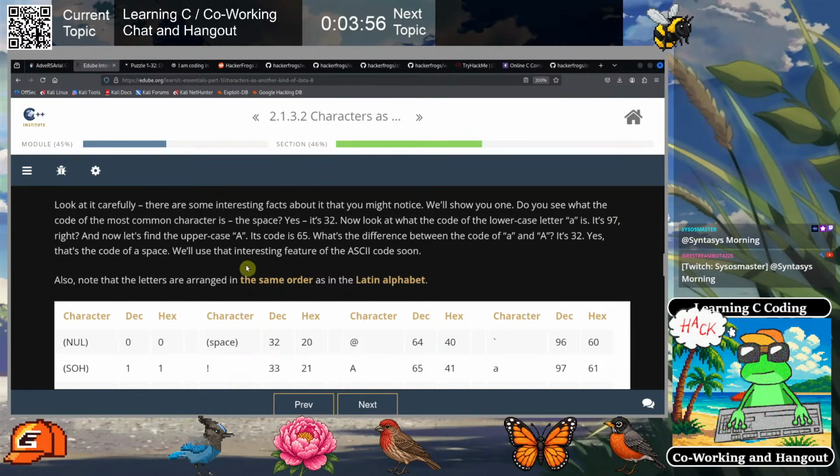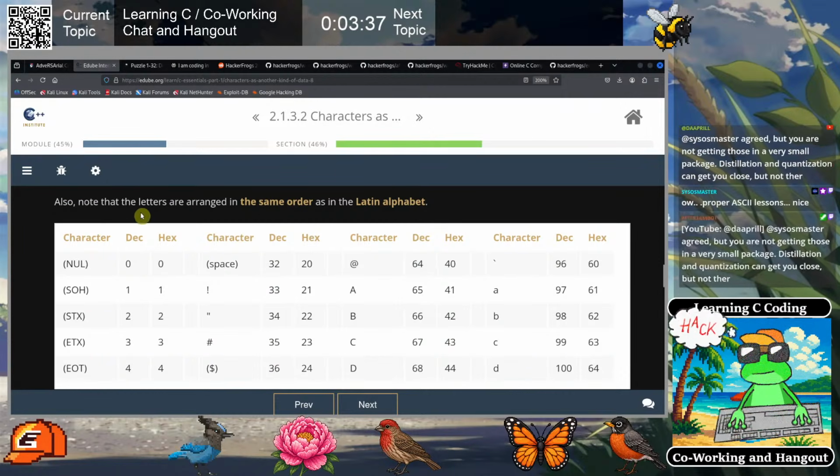It's 97. Okay, and let's find the uppercase A. It's code 65. The difference between the code of lowercase a and capital A is 32. Yes, that's the code of a space. We'll use that interesting feature of the ASCII code soon. Note that all letters are arranged in the same order as the Latin alphabet.